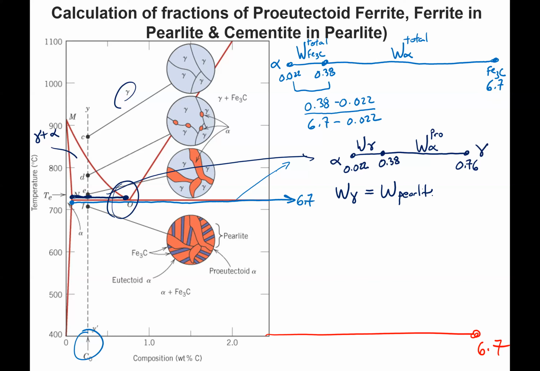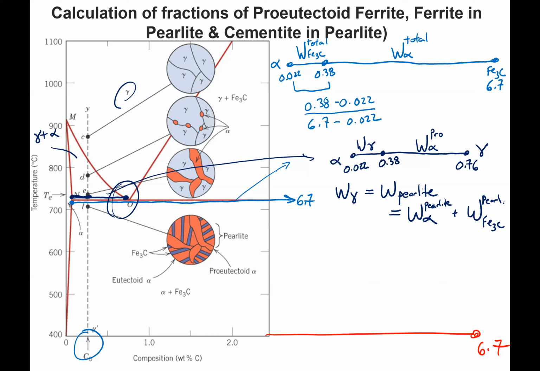That's our eutectoid structure. And the pearlite consists of ferrite in pearlite plus cementite in pearlite. So that's all of our microconstituents.